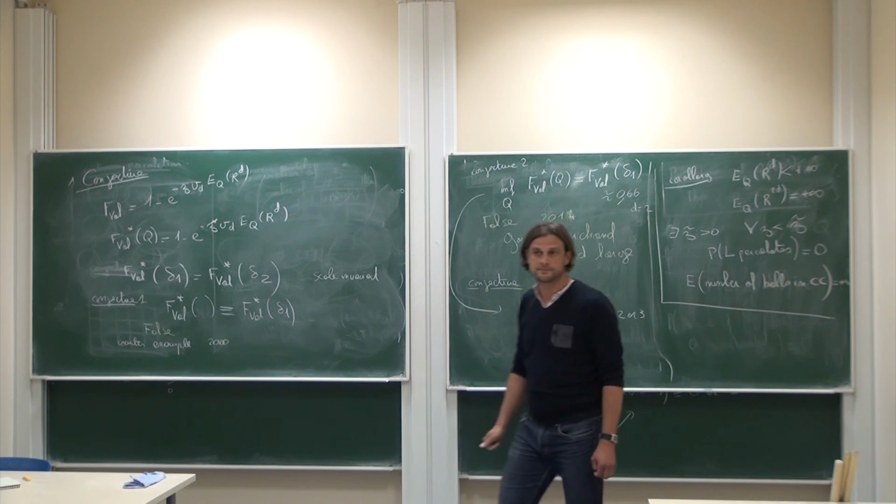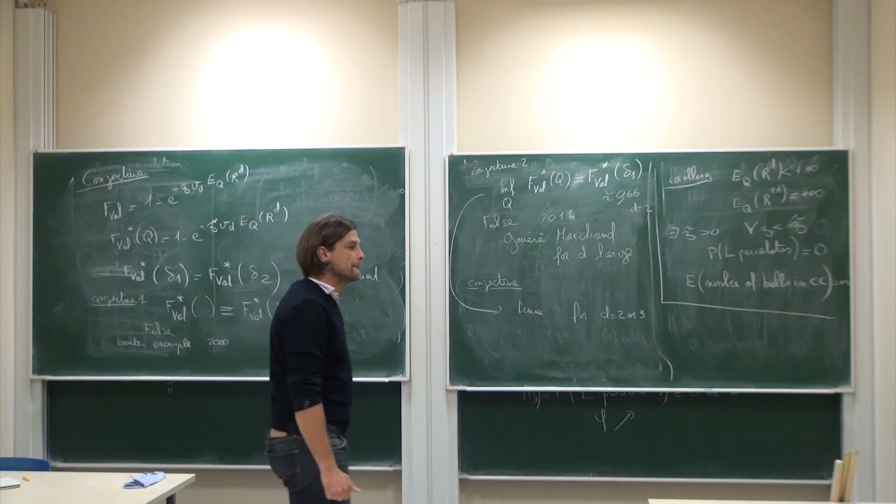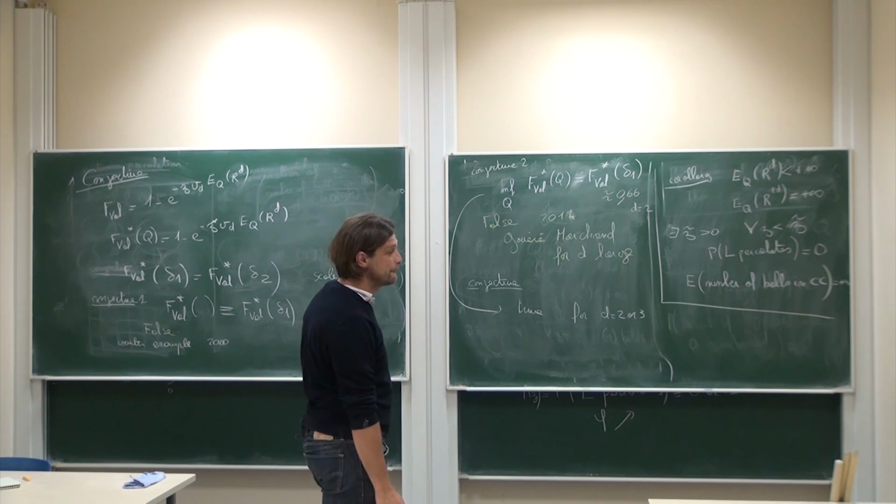More questions? Are there any examples of the law Q for which you can compute these stars explicitly? No, not at all, it's unknown.